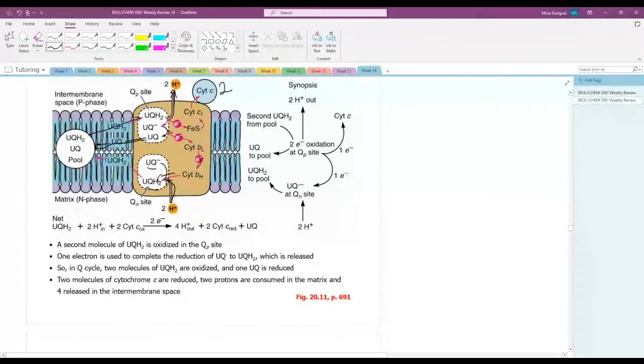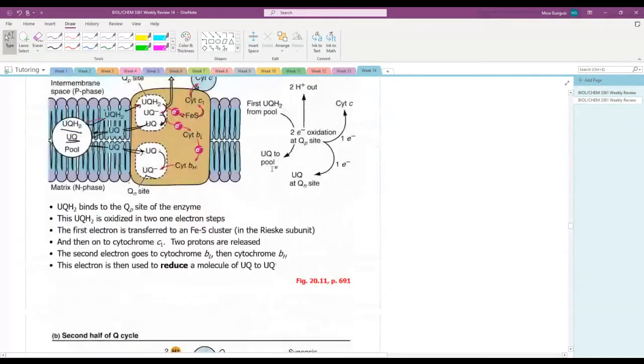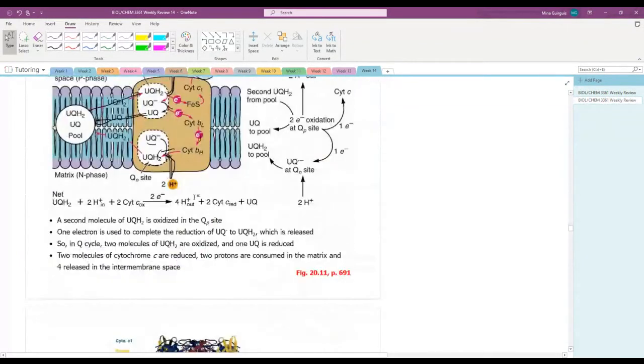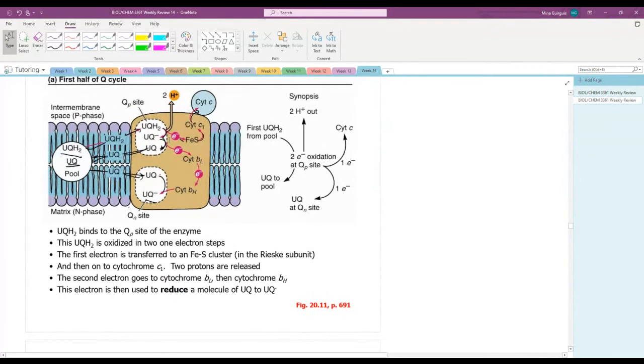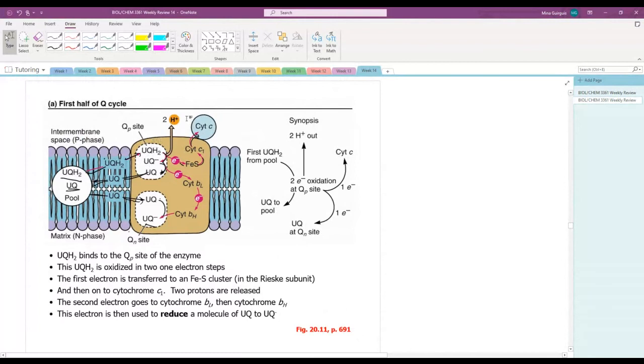So how does this help us? This is what allows the proton pumping to occur, and it gives us 4 protons being transferred. And if you notice, only 2 of them are coming from the mitochondrial matrix. The other 2 protons are coming from our ubiquinol. From UQH2, those 2 H's are released.